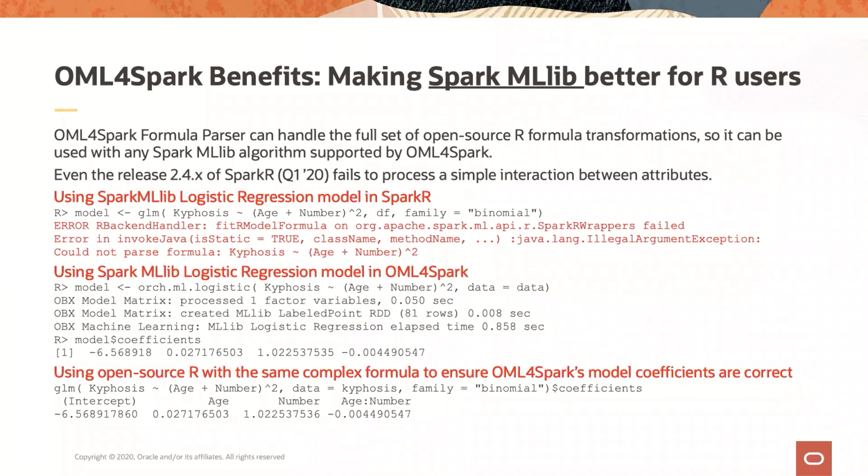But as all open source projects are, I would argue there are a few things in the algorithms themselves that are not as performant or as good to use as the OML4Spark ones. So the idea is, if you're connected to Big Data Service, if you're using our cloud services, or if you have the Big Data Connectors on premise, on a Big Data Appliance, all of these things are there for you.